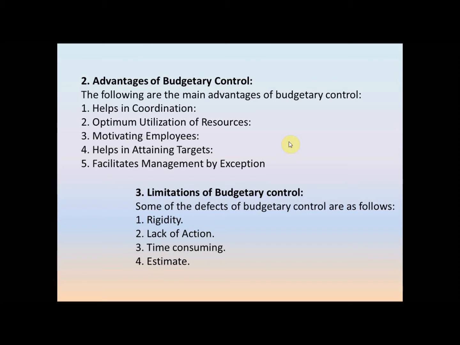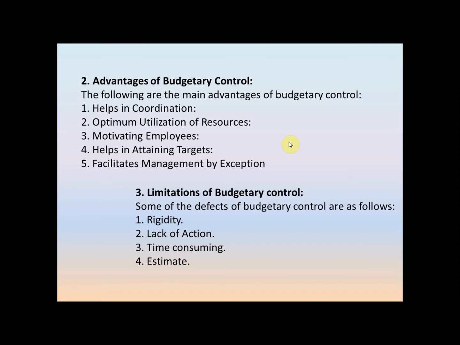Second, optimum utilization of resources. Budgeting ensures fuller utilization of resources by allocating the resources according to the needs of various departments. Third is motivating employees. Budgeting helps in motivating the employees to perform better as they know the standards against which their performance will be judged.